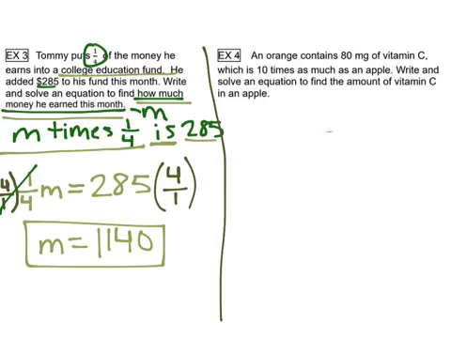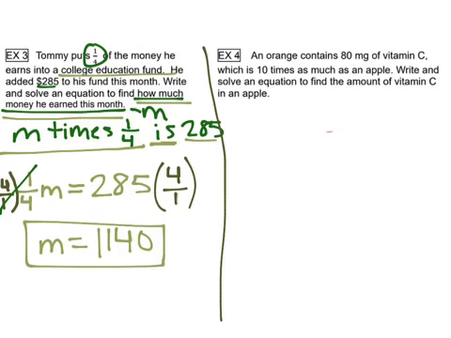All right, example 4. An orange contains 80 milligrams of vitamin C, which is 10 times as much as an apple. Write and solve an equation to find the amount of vitamin C in an apple.